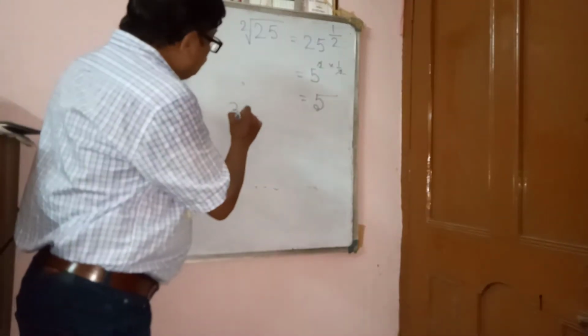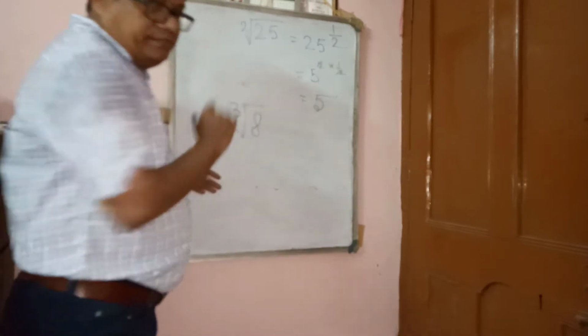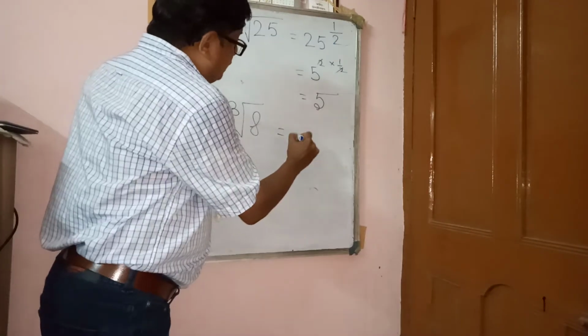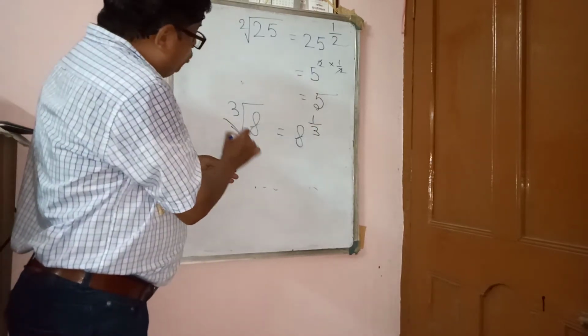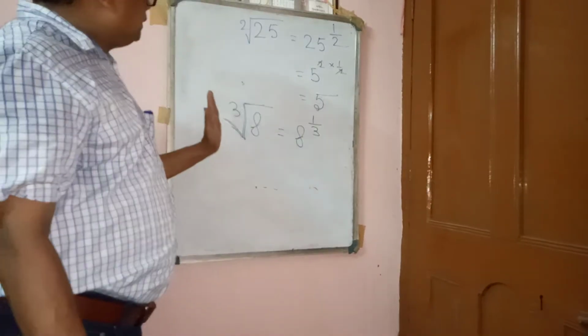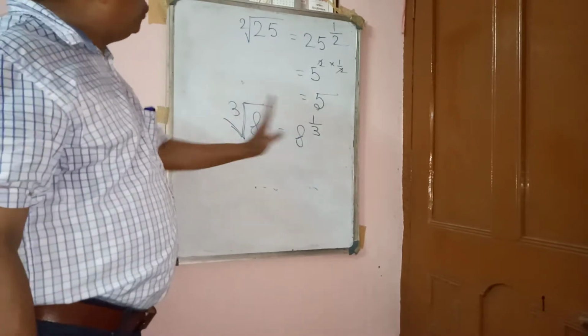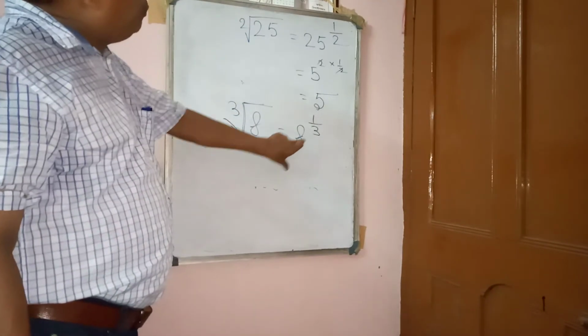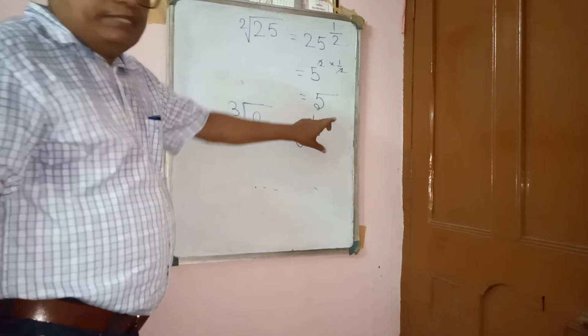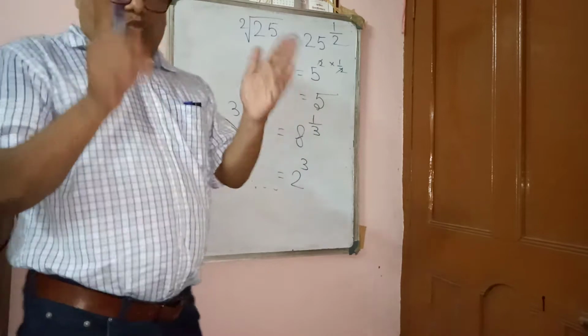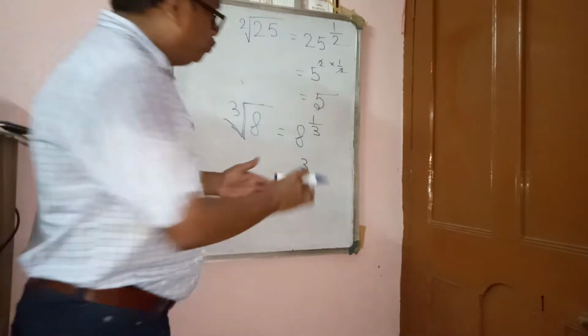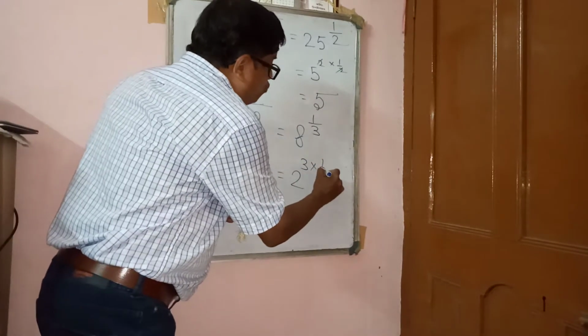Suppose the cube root of 8. Similarly we can write 8 whole to the power 1/3. Keep in mind, this is the cube root of 8, so we can write 8 whole to the power 1/3. Okay, so 8 you can write as 2 into 2 into 2, that is 2 cube, whole to the power 1/3.